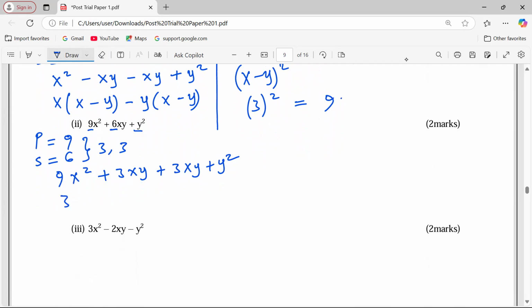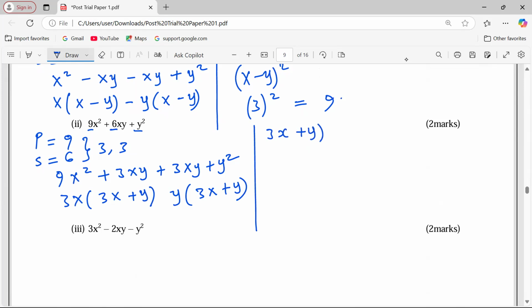From the first two, 3x is common, so we remain with 3x plus y. From the last two, we take y, so that we have 3x plus y. Inside the brackets we have 3x plus y, and outside the brackets we have 3x plus y, such that this is 3x plus y squared.